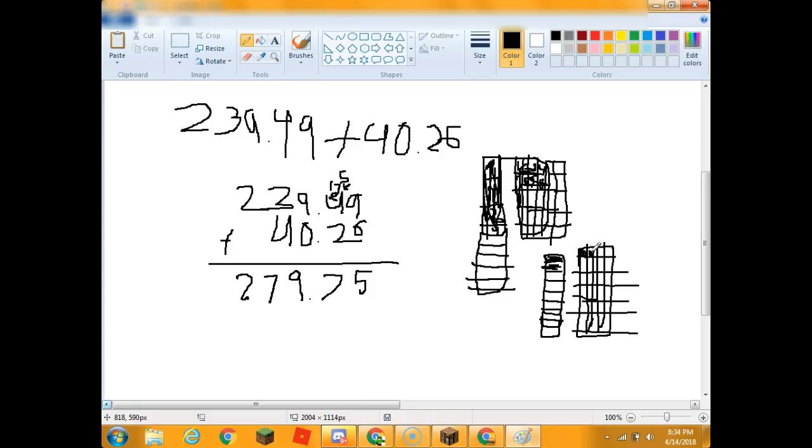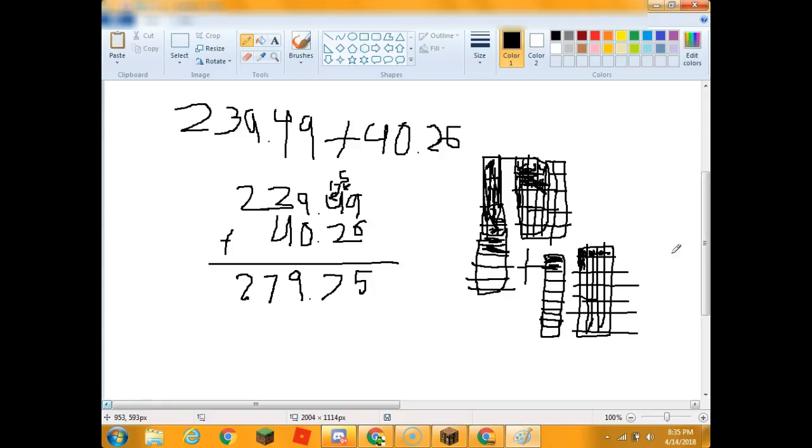And now we shade in 1, 2, 3, 4, 5, 6. And then you add these up. So you can count these 1, 2, 3, 4. And then when you add 2 there, comes 5 and 6.